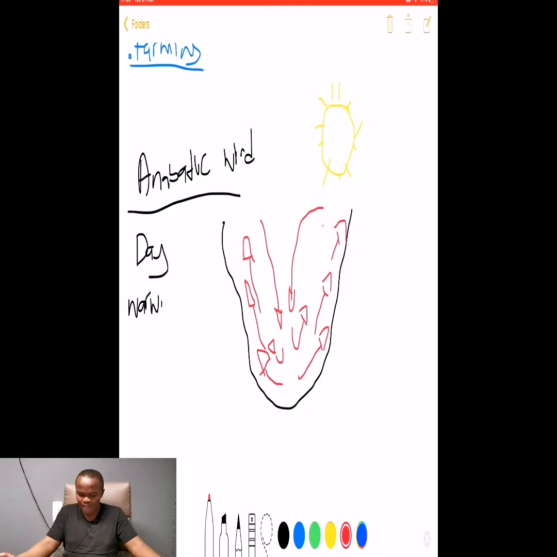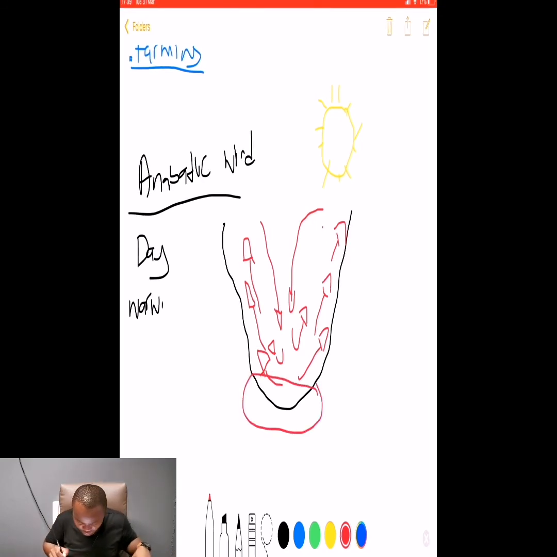So what is the significance of the anabatic winds? The smoke released during the day into the lower atmosphere by the industries located within this valley is carried away by the anabatic winds. They carry the smoke outside the valley.